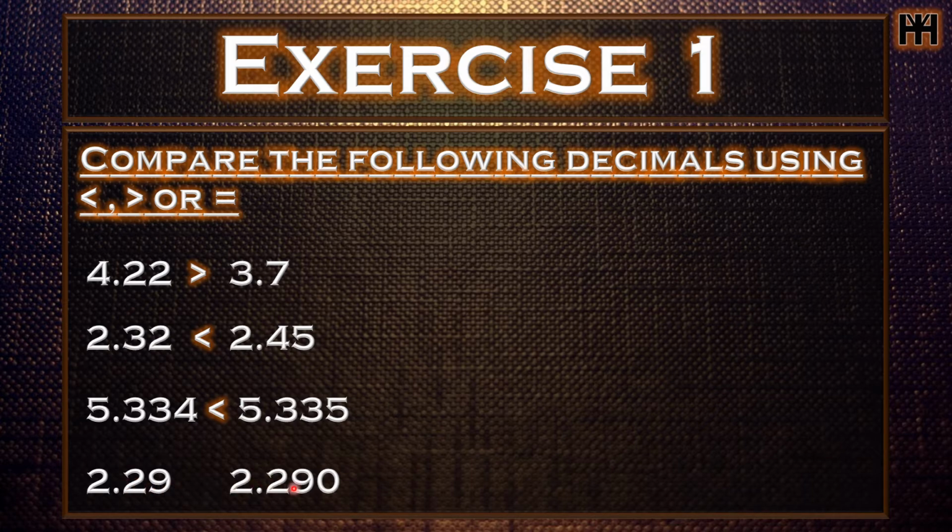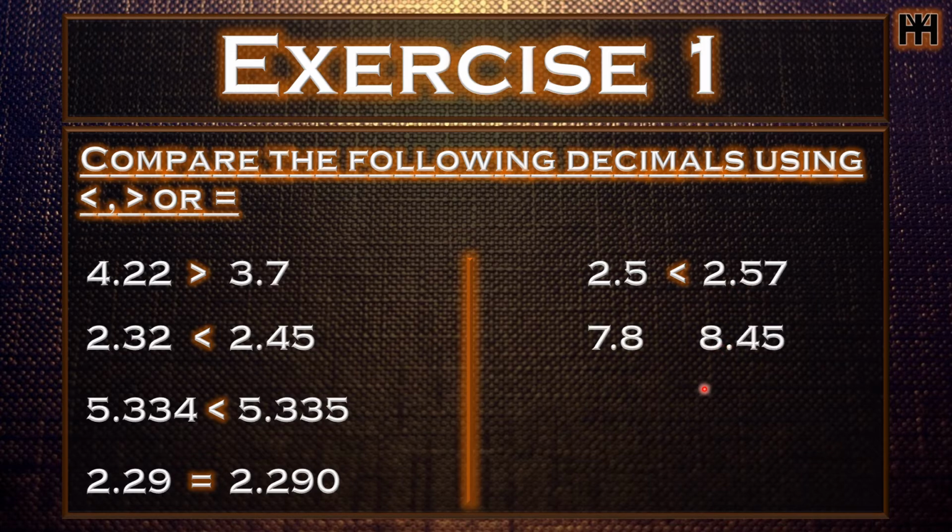2.29 and 2.290. Of course, this 0 doesn't matter, so they are equal to each other. 2.5 and 2.57. Of course, after this 5 there is a 7, so this decimal is greater, so 2.5 is smaller than 2.57. 7.8 and 8.45.